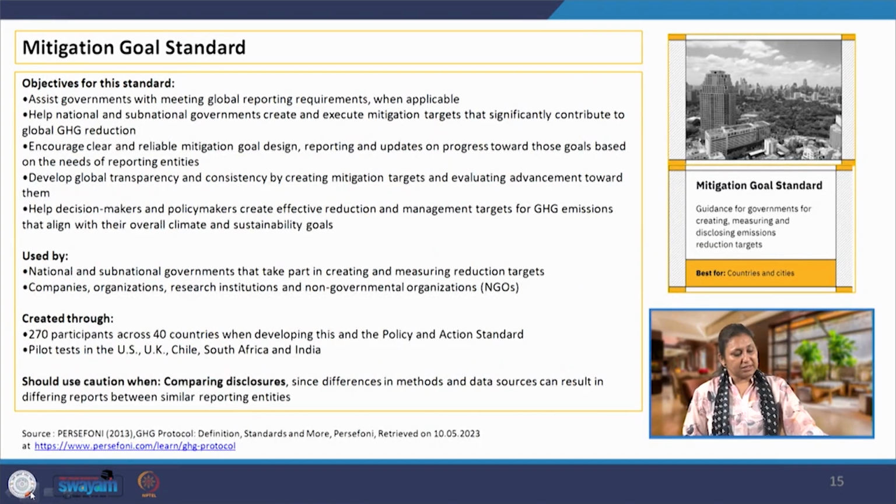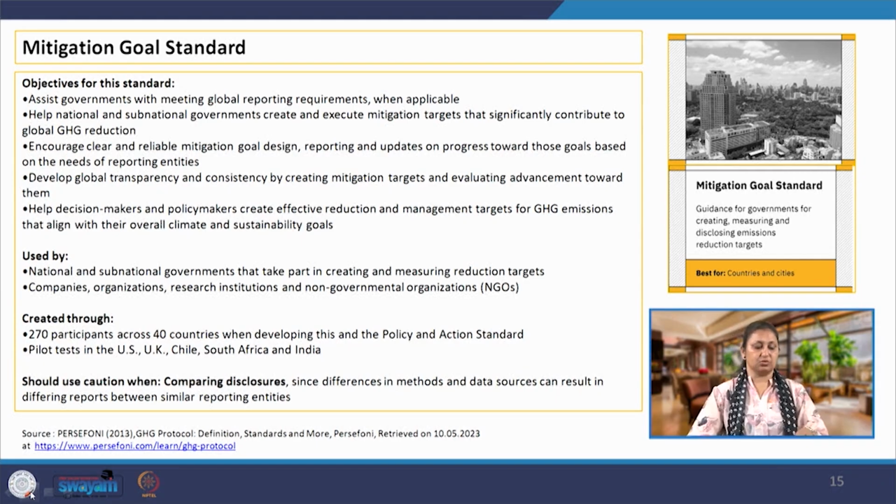Then we have mitigation goal standard. This is helping the national and subnational governments for creating, measuring and disclosing emission reduction targets. So, when we say that India aims at becoming a net zero emission country by 2070, how will it do that or how will it report that?